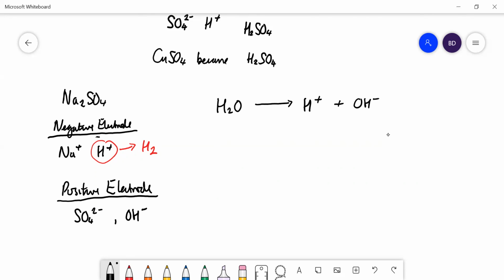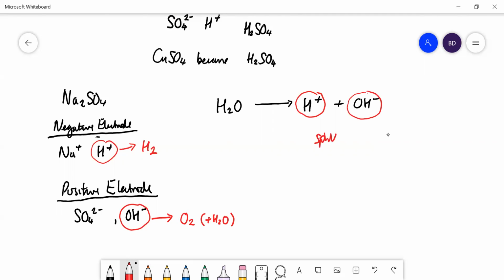If you remember, the sulfate ions remain in solution, and the OH minus ions are the ones which get the electron removed, and that's going to form oxygen, and you'll get water there as well. Okay, beautiful. So as you electrolyze sodium sulfate solution, you keep removing the H plus ions, you keep removing the OH minus ions. So essentially you are splitting up water.